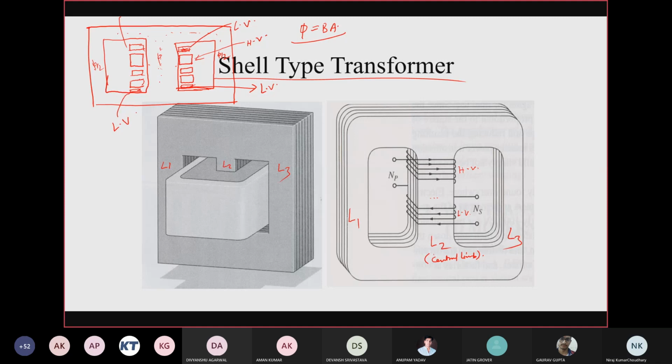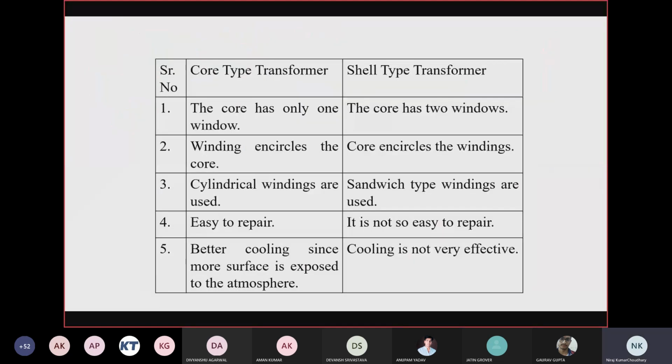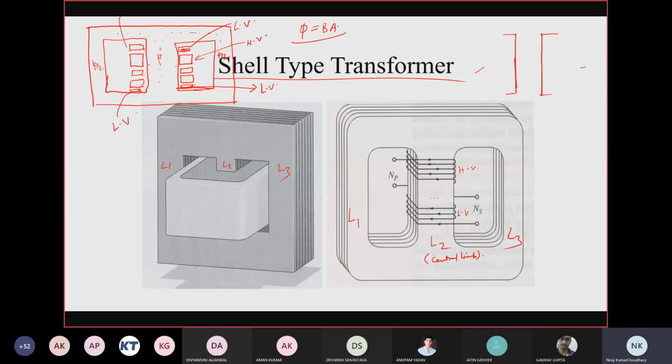Yes sir. Just draw it this way: draw the central limb first, then the diagram will come out properly. Suppose this is the central limb, right? In this way we will draw, and on both sides we will have other limbs. So let us draw this winding again.